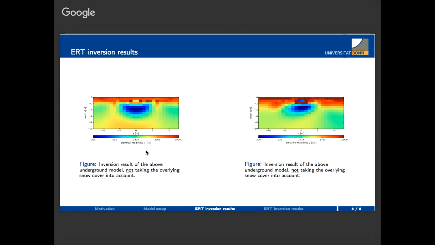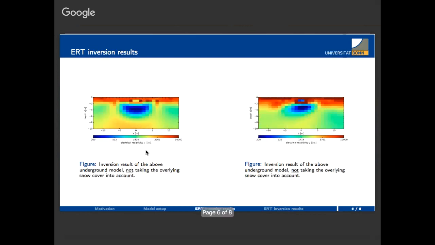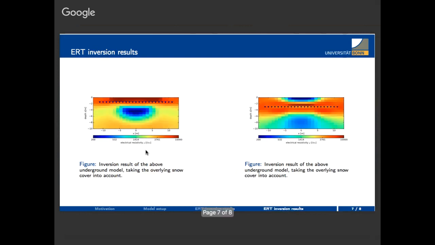If you take the snow cover into account, if you tell the scheme that there is actually a snow cover involved and you don't have a half space, it looks like this. On the left side, you see an improvement over the one before. But on the right-hand side, this is the case when the snow cover gets thicker.